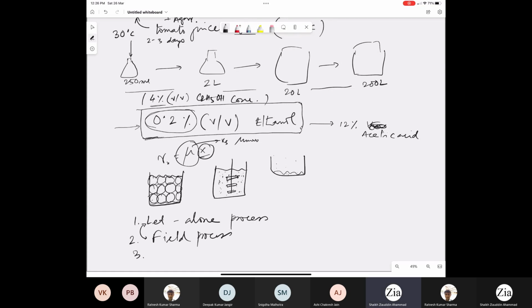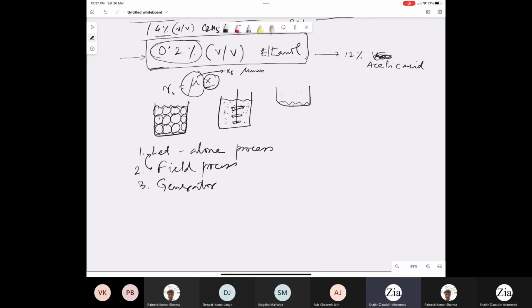Then you have generator, and in generator you have two types. One is trickling generators, and second is submerged culture.